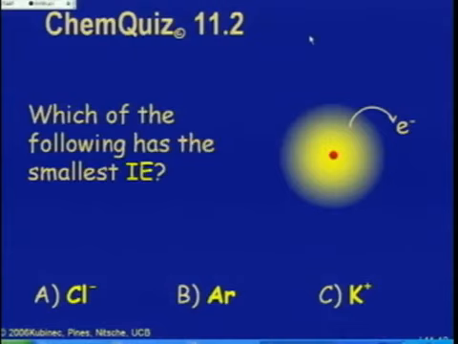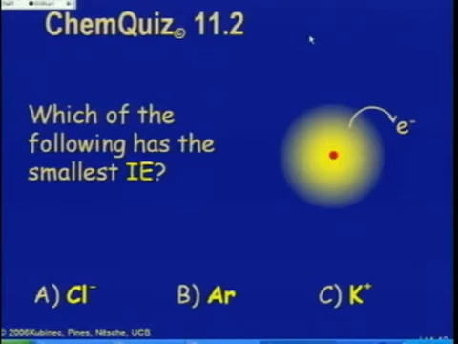So why don't you think about what the electronic configuration of Cl minus is. This is neon filled, and now the electronic configuration is what? 3s2, and how many p's do you have here? 3p6, okay?